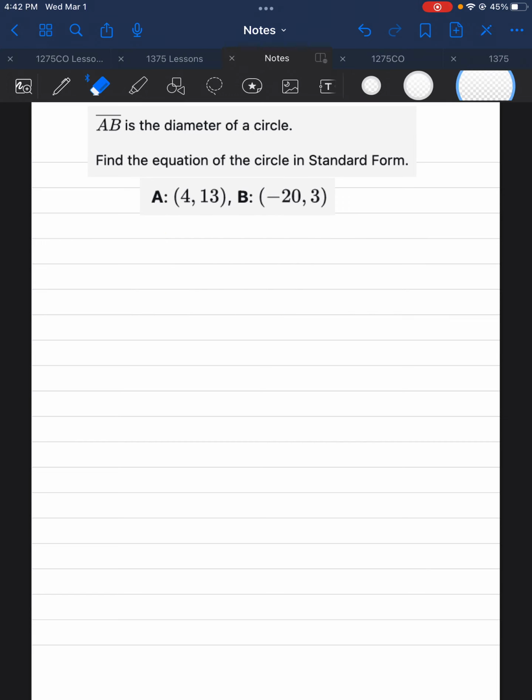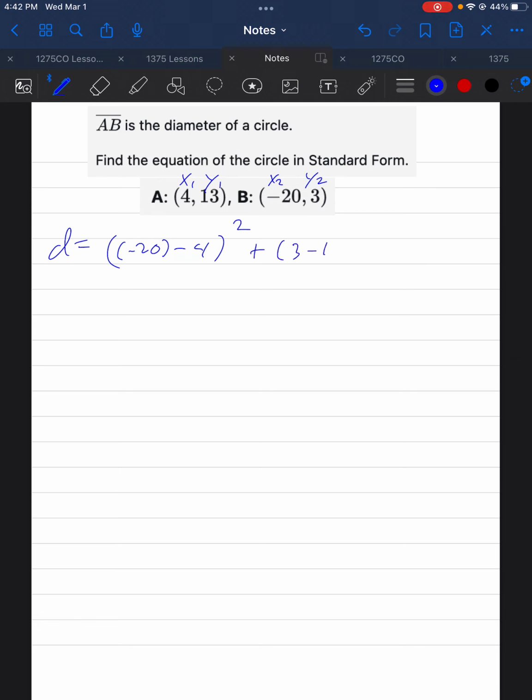So let's figure out the easier one first, which is if the length of the diameter, if we can figure that out, that's going to be equal to negative 20 minus 4 to the second power, because this is x1, y1, this is x2, y2, plus 3 minus 13 to the second power.